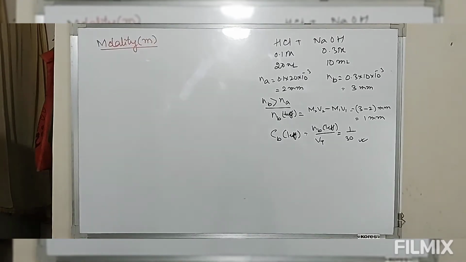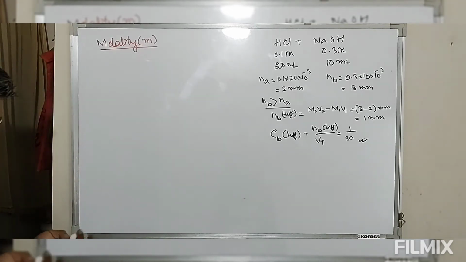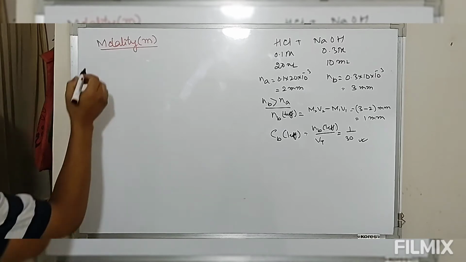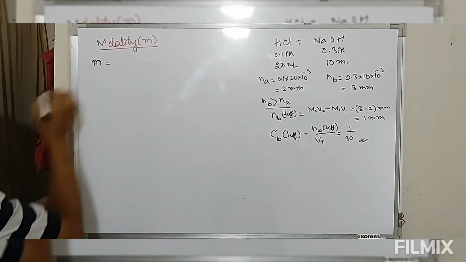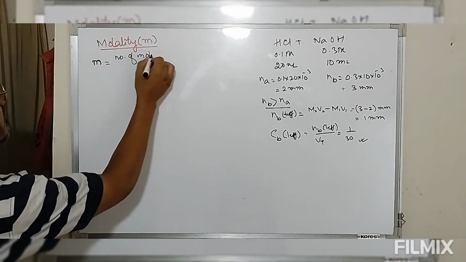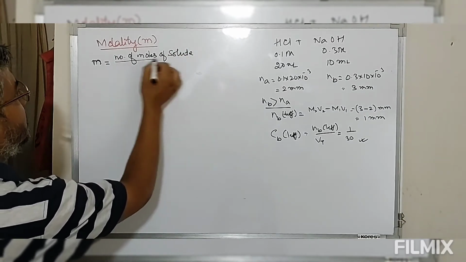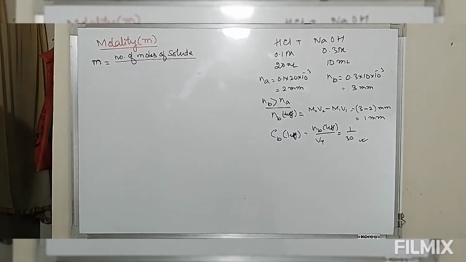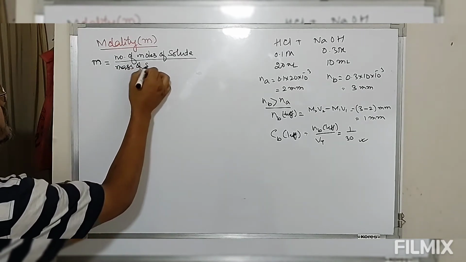Then we have one more concentration term which is often found in solution chemistry, molality. So let's see the definition of molality. Molality is denoted by small m. This is defined as the number of moles of solute present per kilogram of solvent, that is, divided by the mass of solvent.